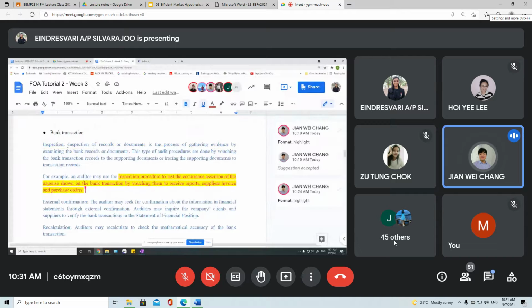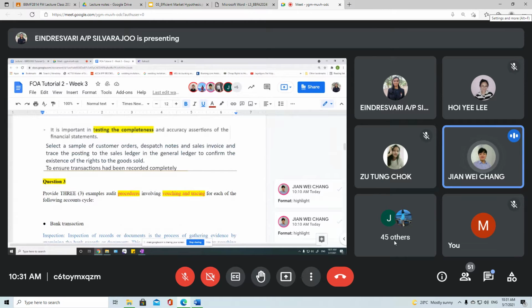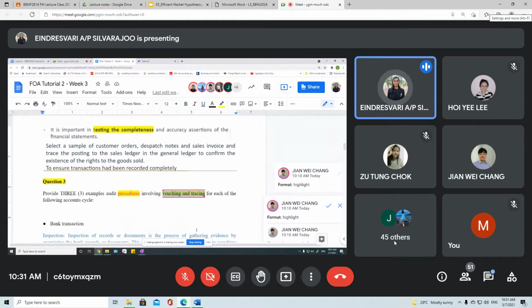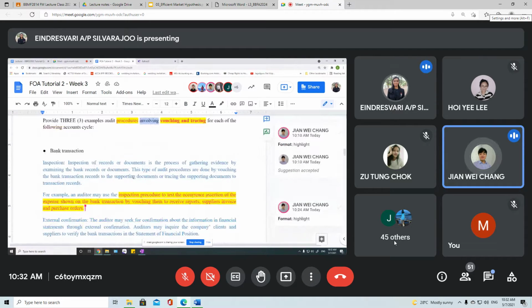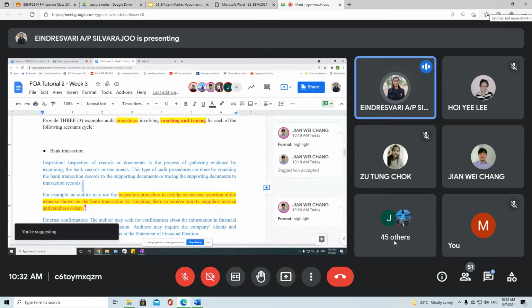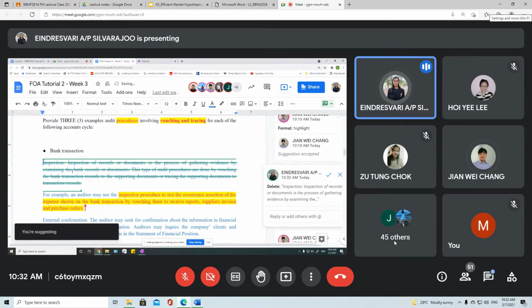Yeah, because we thought that the question is asking for 3 procedures, not 3 vouching and tracing. You see here, vouching and tracing? Yes, but maybe audit procedures involving vouching and tracing. So isn't it that we need to provide 3 procedures and each procedure needs 1 vouching and 1 tracing? No. You misunderstood the question.